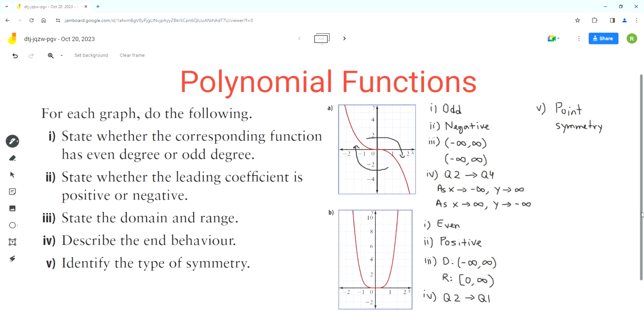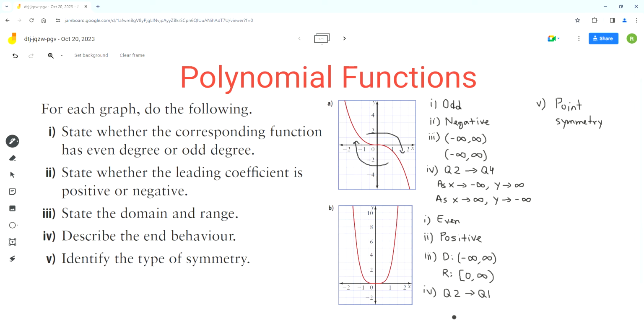Now if we have to describe the end behavior in terms of x and y values, as x approaches negative infinity, on the extreme left, the graph is going up. That means the graph is approaching positive infinity on the left side. So y approaches positive infinity.